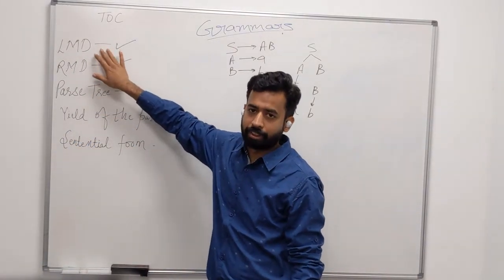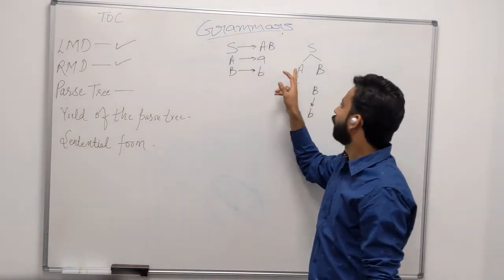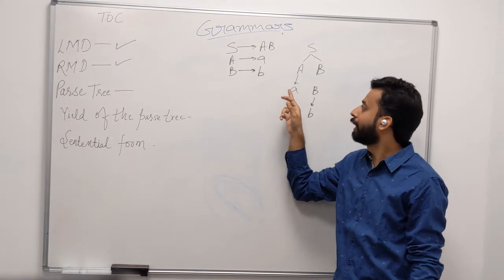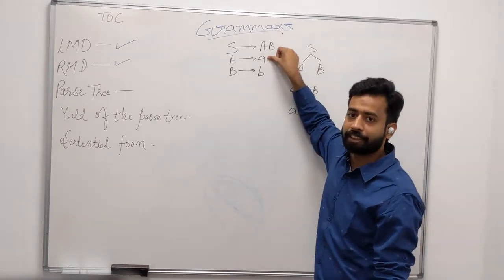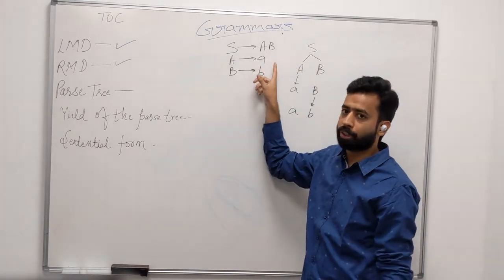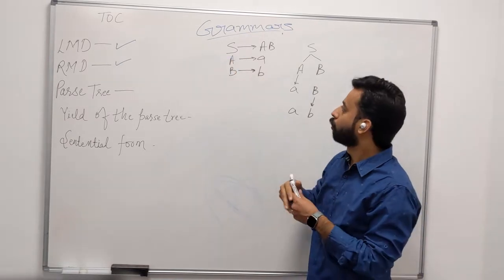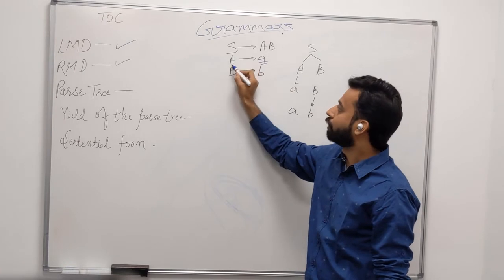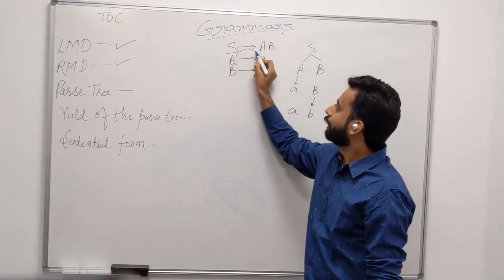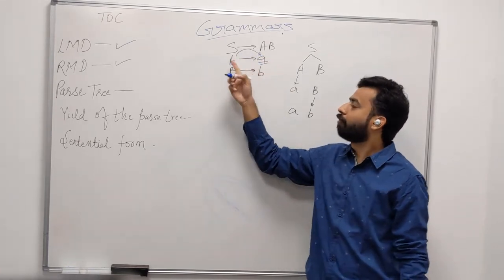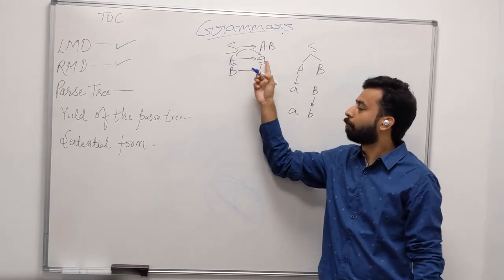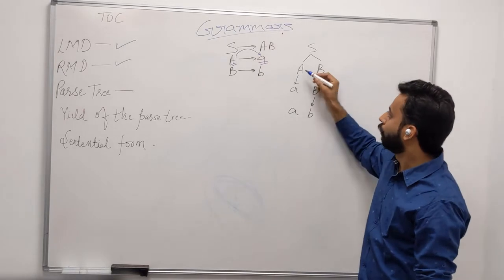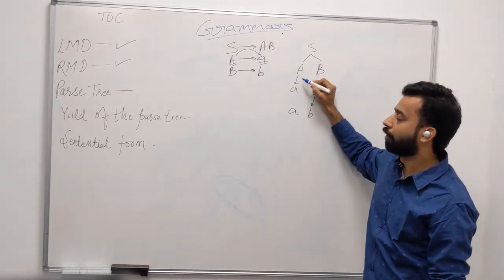It is a derivation in which the leftmost side non-terminal is replaced by its corresponding right hand side production. So as you can see, the right hand side part is mentioned and the left hand side part is A. Here we have replaced A with small a.